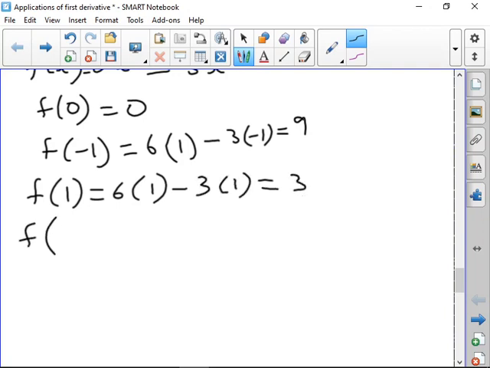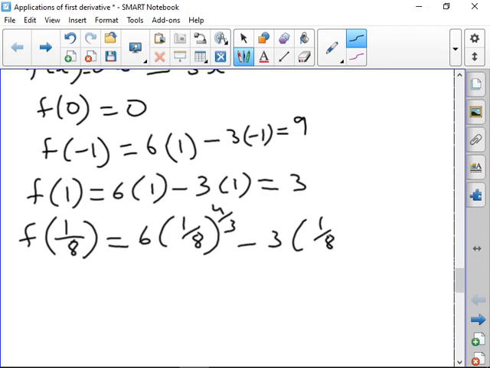Then 1 by 8. F of 1 by 8 is equal to 6 into 1 by 8 the whole power 4 by 3 minus 3 into 1 by 8 the whole power 1 by 3. This is actually 2 cube.